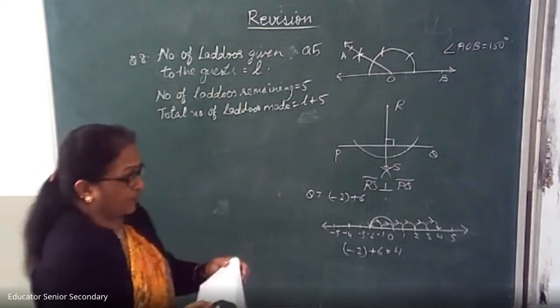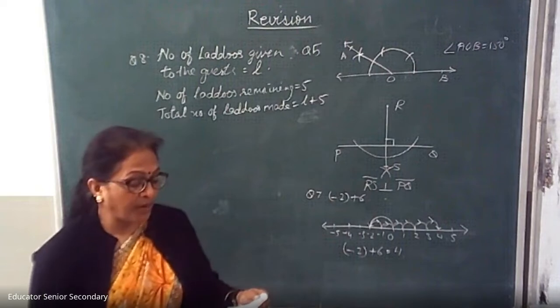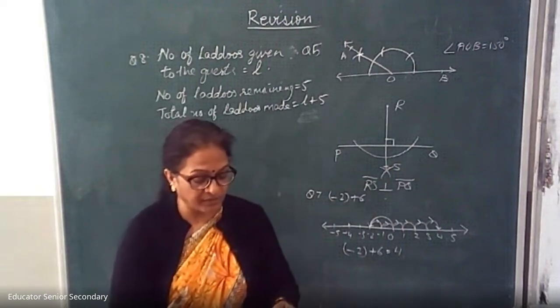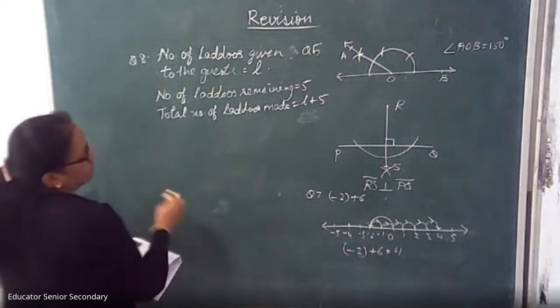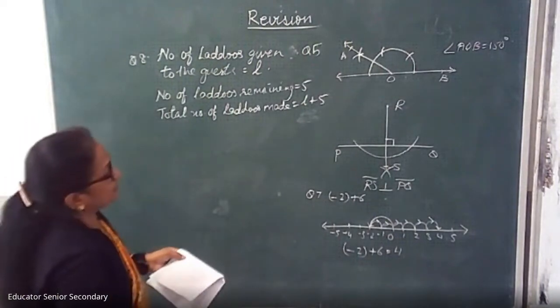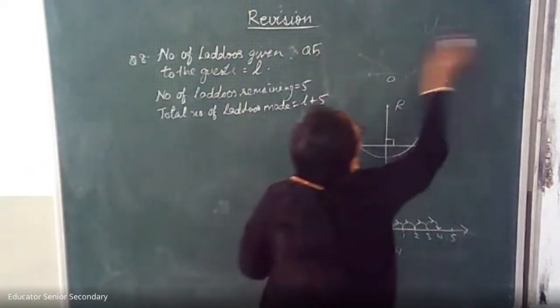Next question is, find the cost of fencing a rectangular park of length 250 meters and breadth 175 meters at the rate of rupees 12 per meter. So we first write what is given in the question.